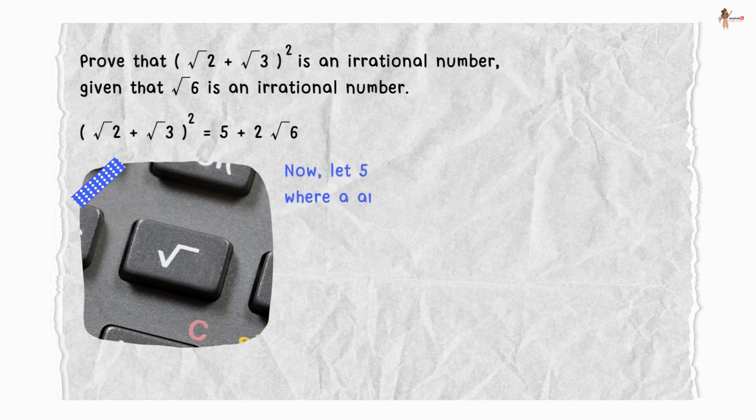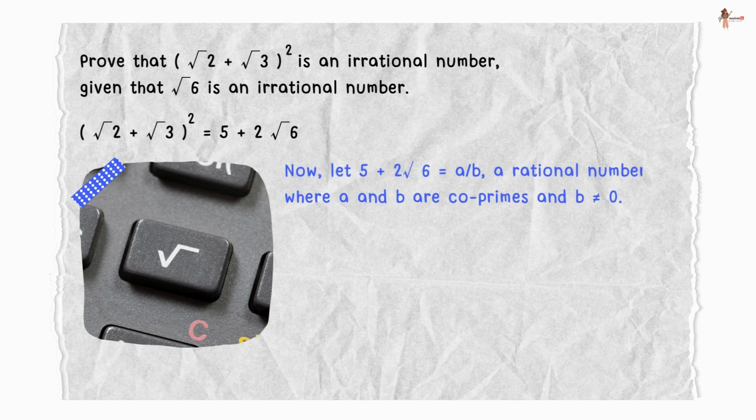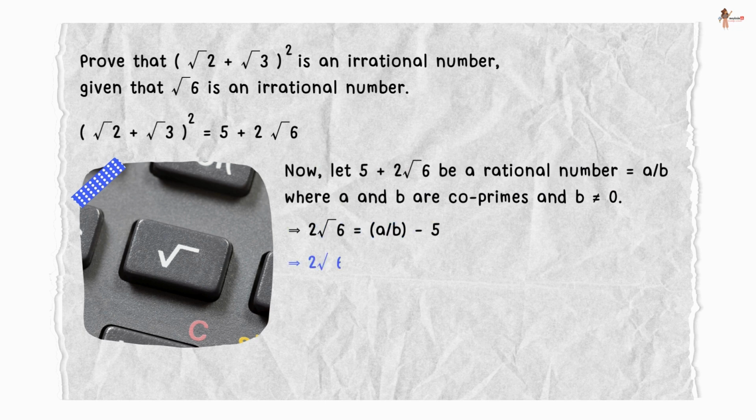Now, let's assume the contrary. Let's assume that 5 plus 2 root 6 is a rational number. That means it is equal to a by b, where a and b are co-primes and b is not equal to 0. That means 2 root 6 is equal to a by b minus 5, or we can say it is equal to (a minus 5b) upon b.